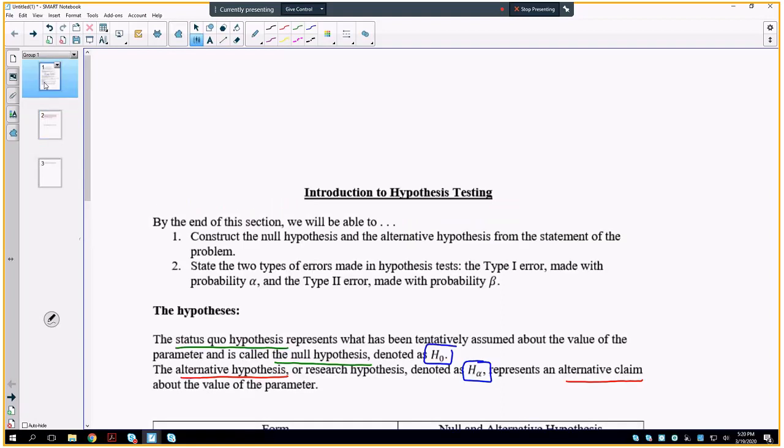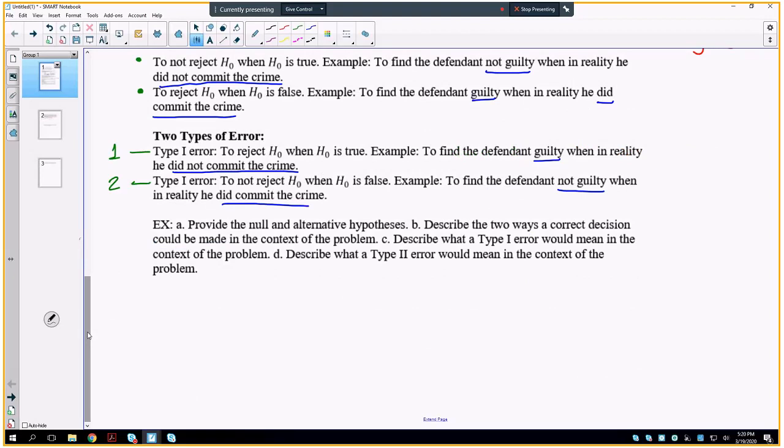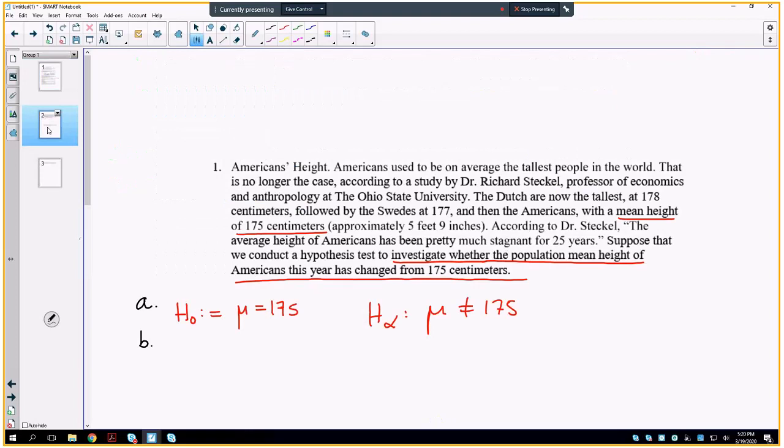The second part of the question is, describe the two ways that a correct decision could be made. So let's take a look.